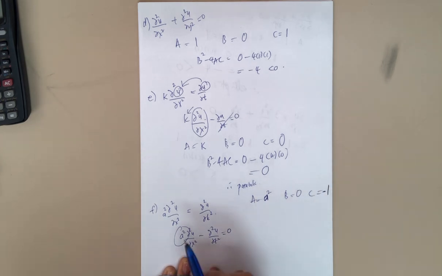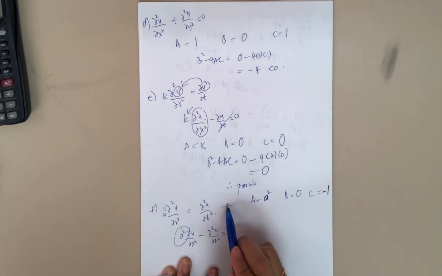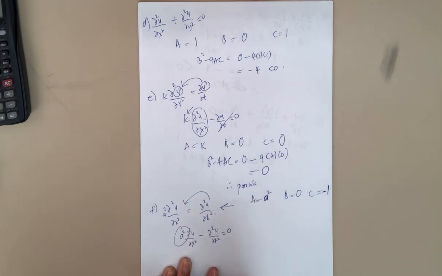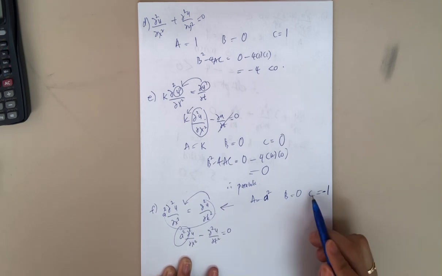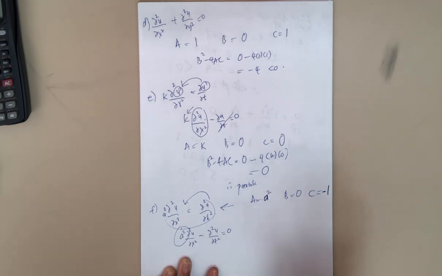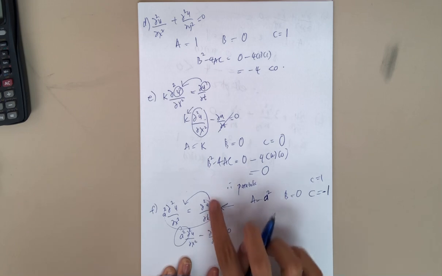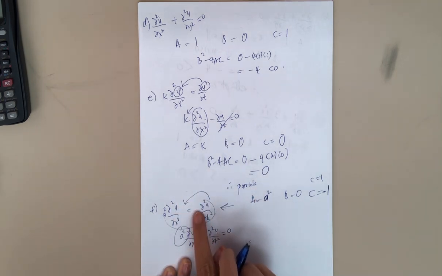-1. So that's the important part. Why you need to move this one to this side first. Imagine that you just leave it like this. I'm pretty sure that some of you will write C equal to 1 if you didn't move this term to this side, because you see that they have positive.